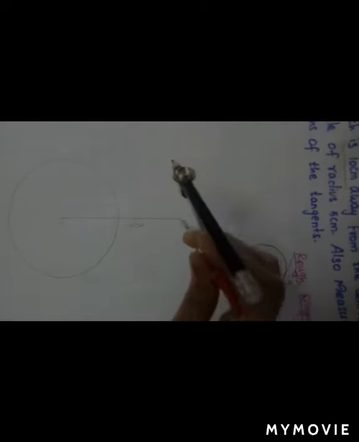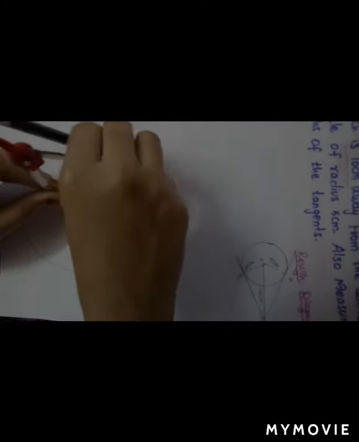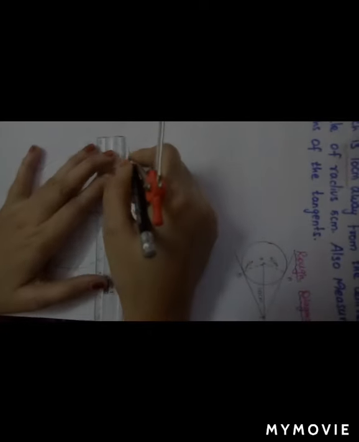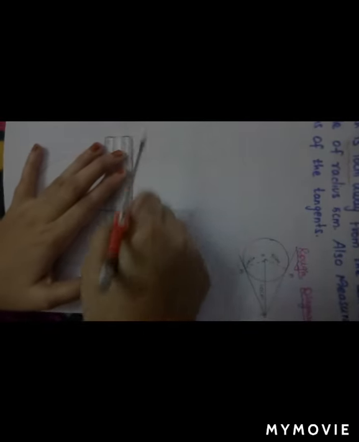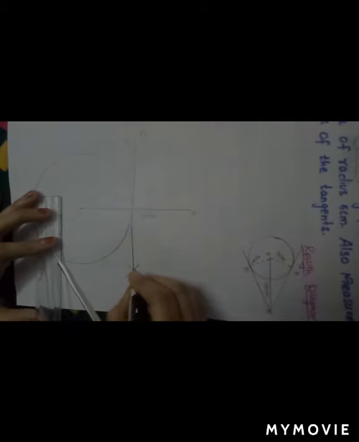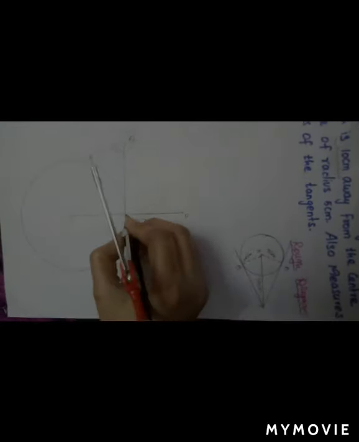Now draw a perpendicular bisector of OP. Take more than half. Cut one arc from P and again cut two arcs on the previous arc from O. Now join these two arcs. Name them Q, R. Now we got a perpendicular bisector. We can mark it as M.